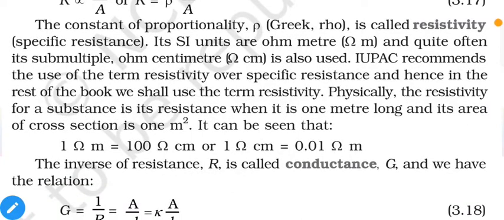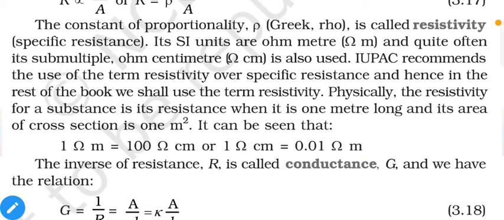Its SI unit is ohm meter, and quite often ohm centimeter is also used. IUPAC recommends the use of the term resistivity over specific resistance, and hence in the rest of the book we shall use the term resistivity. Physically, the resistivity of a substance is its resistance when it is 1 meter long and its area of cross section is 1 meter square.